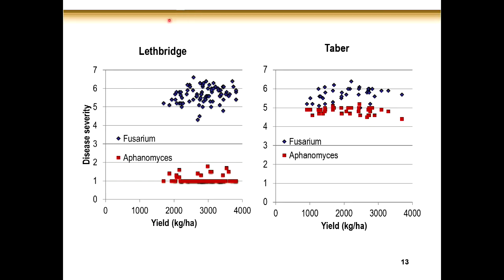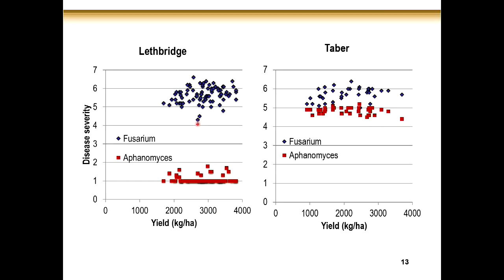We have a site in Lethbridge and we have a site in Tabor. Our site in Lethbridge has Fusarium only, whereas our site in Tabor has both Fusarium and Aphanomyces. When we collect these plants, we rate them for disease, on both a Fusarium scale and an Aphanomyces scale. Then I've combined all that data to look at the yield.